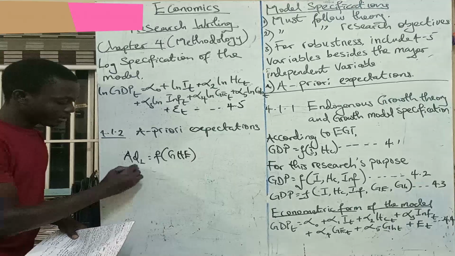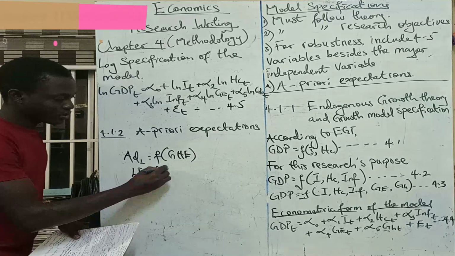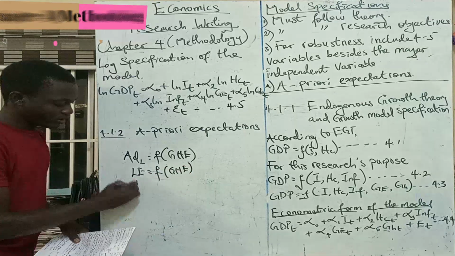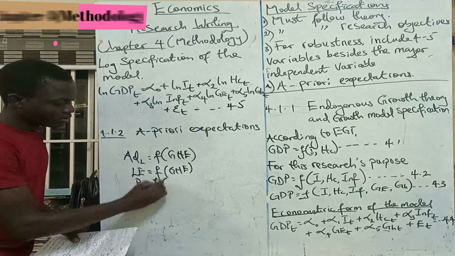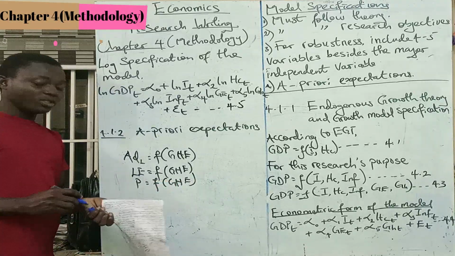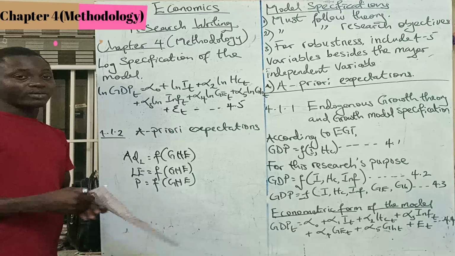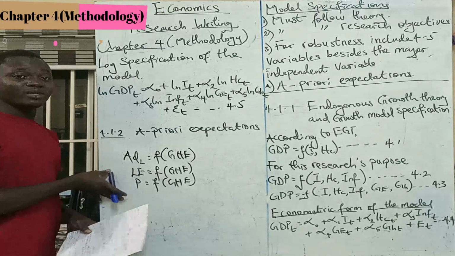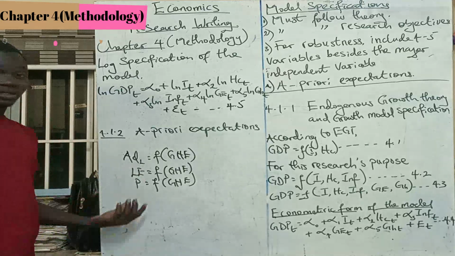So you can say life expectancy is a function of government health expenditure. Then you have poverty as a function of government health expenditure. Alright, so from this person's research objective and research questions, you can see that the number of models that this person is going to be having in chapter 4 is 3.